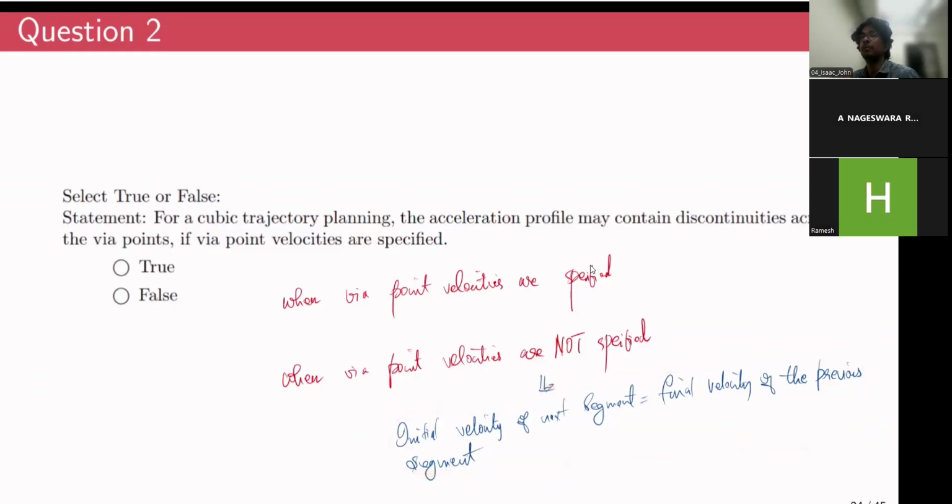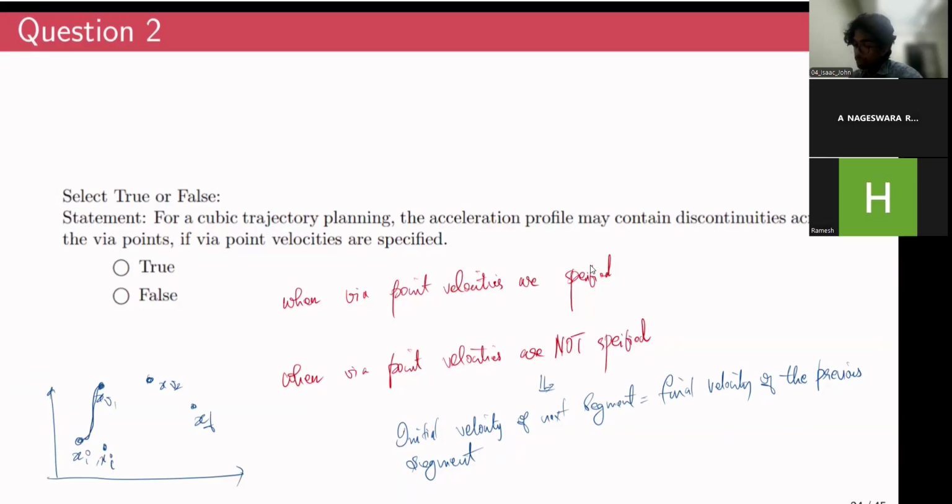Like if you move from one segment to the other segment, for example, if you have an initial position, you have a final position, and then you have a via point xv1, then you have xv2. So you will have this boundary condition, xi and xi dot would be specified. xv is specified.